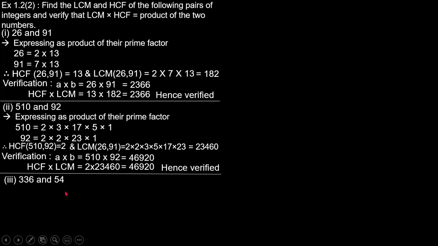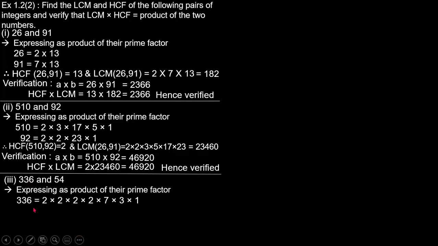Let's take the next question, 336 and 54. Let us divide them by the prime factors 2, 3, 5 and 7. We get 336 as 2 into 2 into 2 into 2 into 3 into 7. Similarly, we get 54 like this. HCF is finding out the common factors.